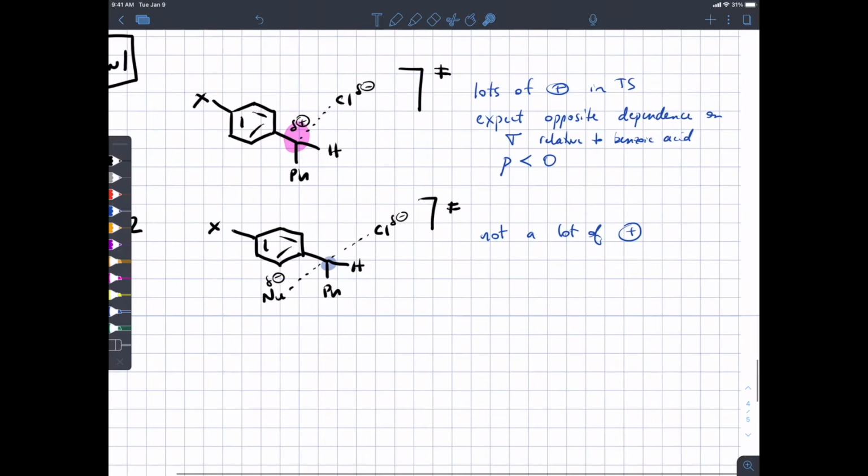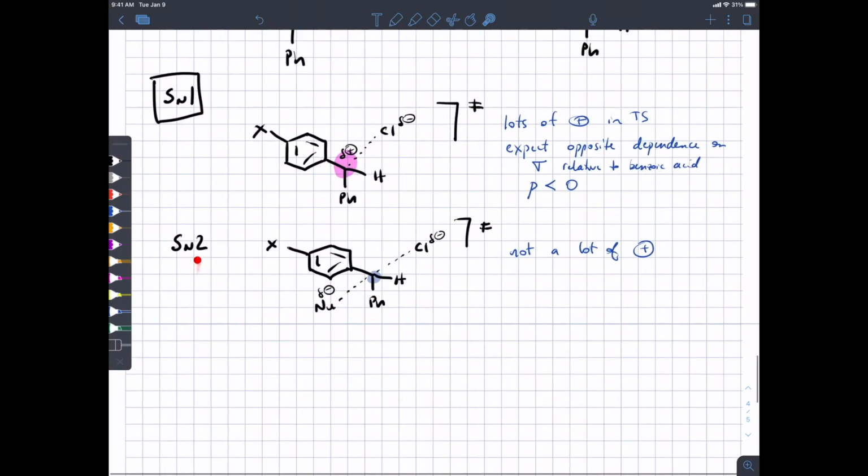Okay, now let's talk about magnitude for SN1 versus SN2. In the SN1 reaction, there's a bigger buildup of positive charge than in the SN2 reaction. So what do you expect the magnitude of the slope to be? Bigger slope, more negative slope for SN1.